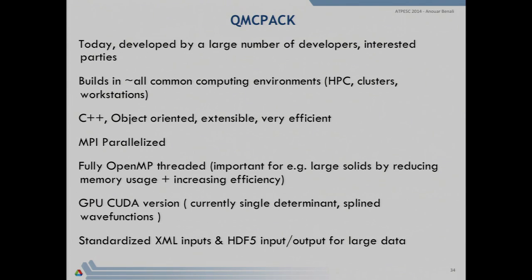HDF5 allows us to move data across platforms, and I can assure you this is a lifesaver. When you have an Intel machine writing a binary file and you need to move it to any other system, you can't. So HDF5 is a good option.